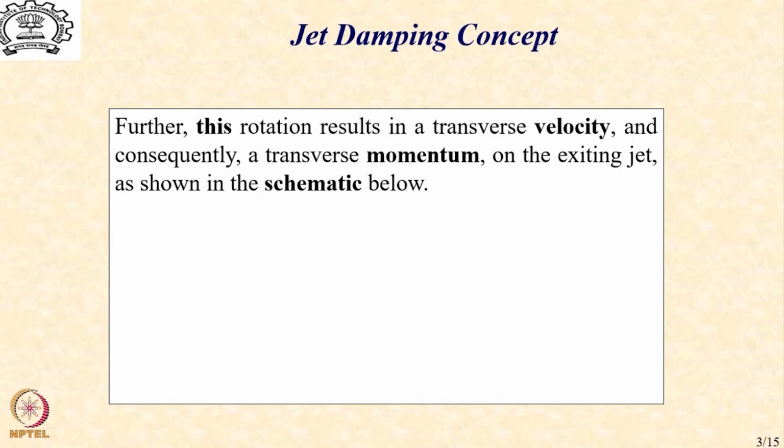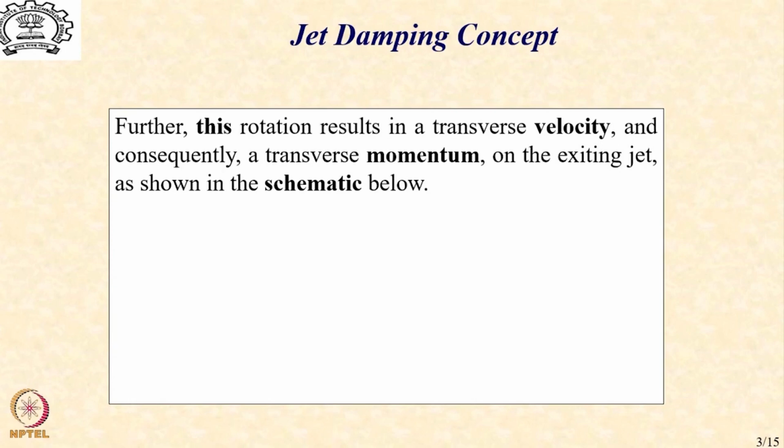Now, as the vehicle rotates about its axis, its front and back execute rectilinear motion, and in the process the jet which is exiting from the rear of the rocket acquires, apart from the axial velocity due to burning of the propellant, also a transverse velocity due to the angular velocity disturbance.